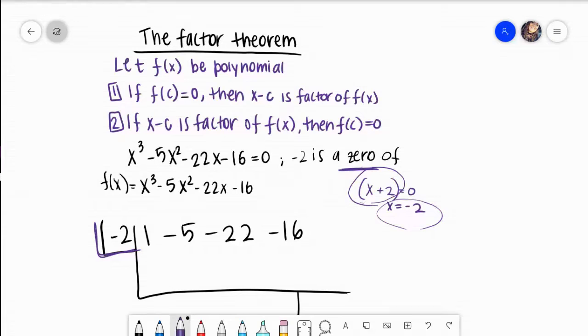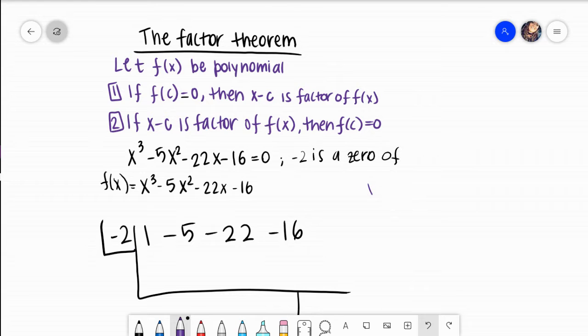And then my second fact is if I have x minus c as a factor, then whenever I do my synthetic division, what I should get is a 0. So if it says something is a 0, it means when you use synthetic division, you get a 0.